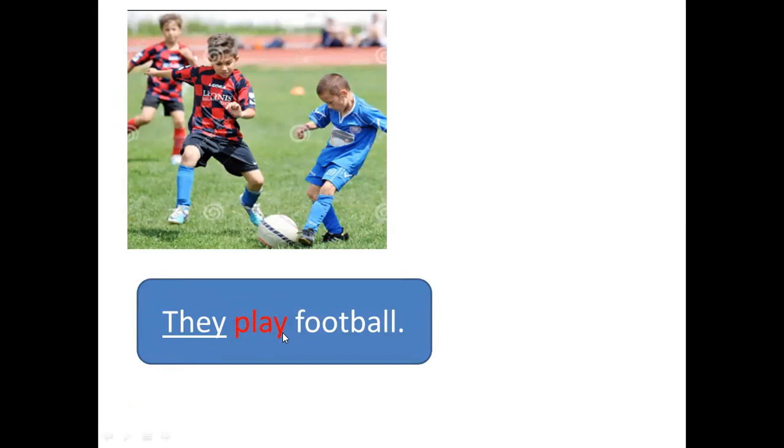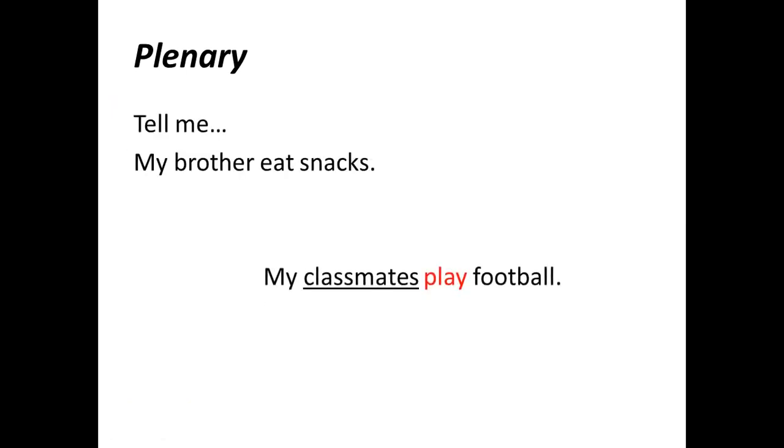Take note. Now, this is the plenary, so I'm going to show you 2 sentences. Please tell me if these sentences are correct or not. Sentences 1 and 2. Number 1, my brother eat snacks.